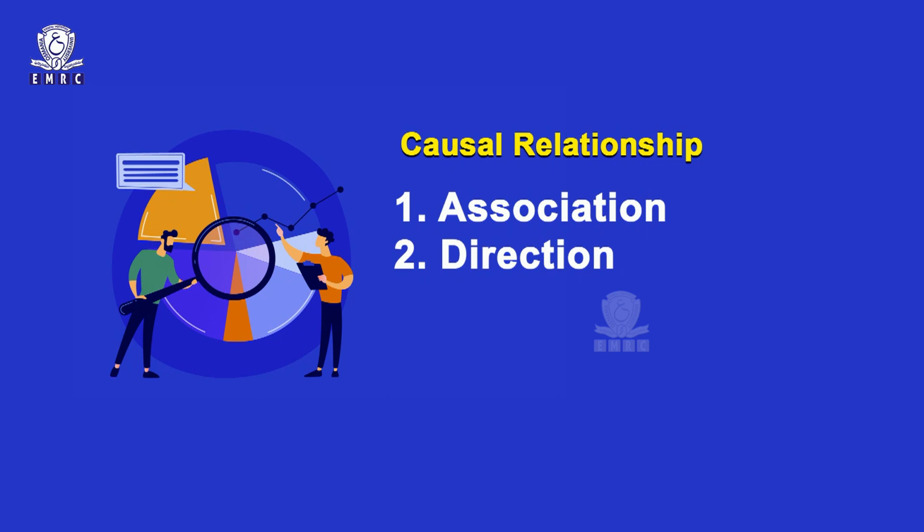Causal relationships are determined in terms of strong and weak associations. Another criterion required for establishing a causal connection between events is that the direction of influence should be from cause to effect. In other words, cause must precede its effect.